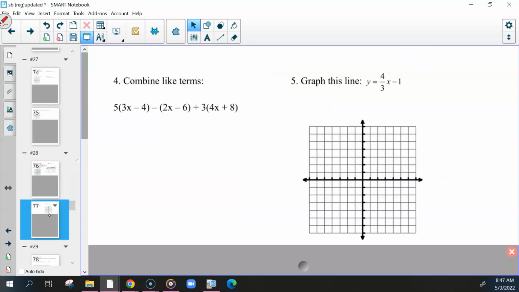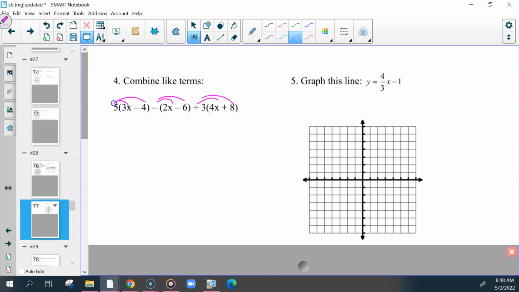For number 4, we needed to combine like terms. Distribute everything. We have 15x minus 20 minus 2x minus 6 plus 12x plus 24. No, it should be plus 6, right?